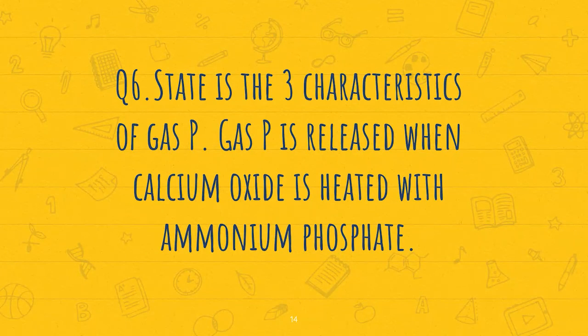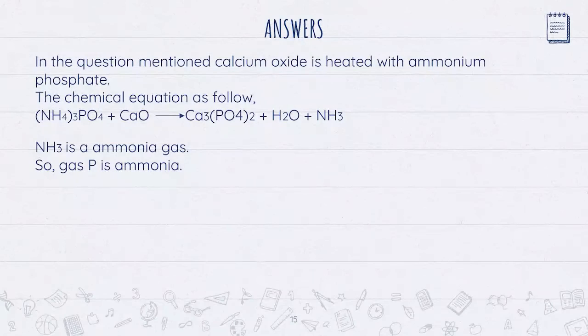Next question, question 6. State the three characteristics of gas P. Gas P is released when calcium oxide is heated with ammonium phosphate. For this question, it is important to understand the question.